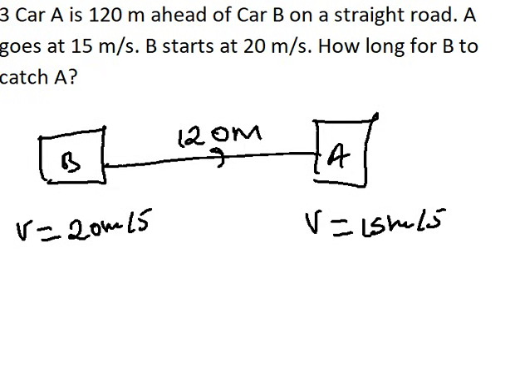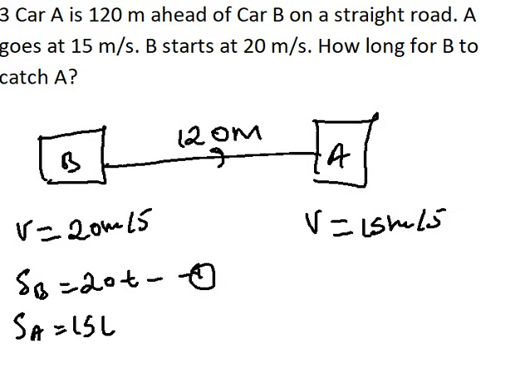So the principle remains the same. What is SB? That is 20t. That is equation 1. What is SA? We'll have 15t. That is equation 2. In this case, you should understand that SB is equal to 120 meters plus SA.